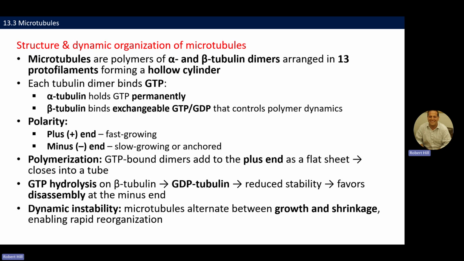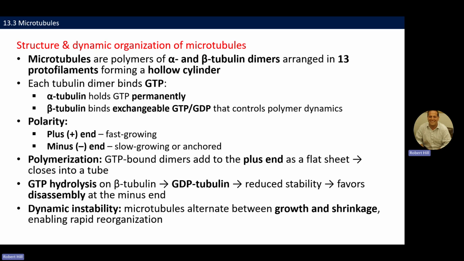This arrangement gives the microtubule inherent polarity: a plus end, which can grow very quickly, and a minus end, which grows very slowly. Or the minus end could just be anchored to a structure such as the microtubule organizing center, abbreviated the MTOC, an important structure in the cell.